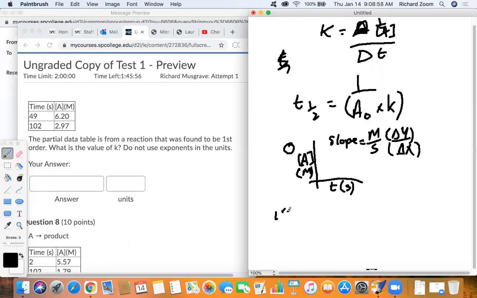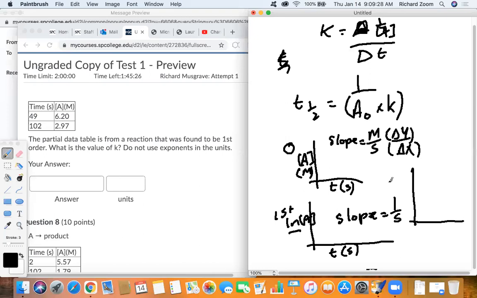So for first order, again, I went through this before, I'm just doing it again. We've got log of A, and we don't have a unit for that because we can't do the log of a molar. We've got time, which is seconds. The slope is going to again be 1 over S. And that would be the unit you put down for that.